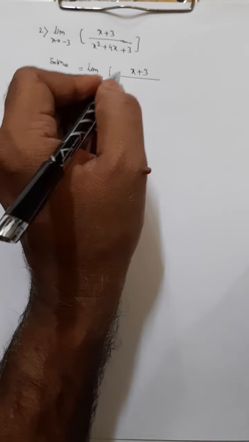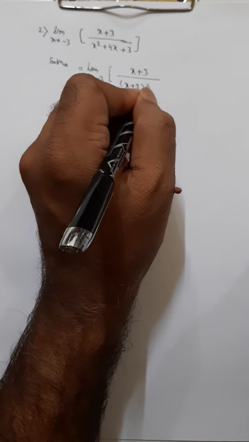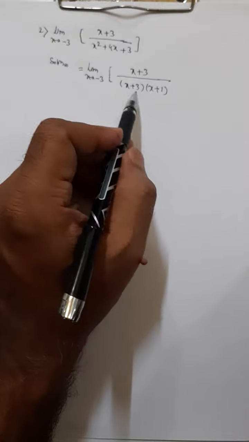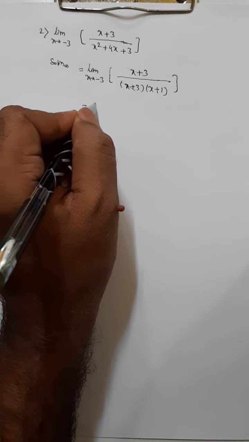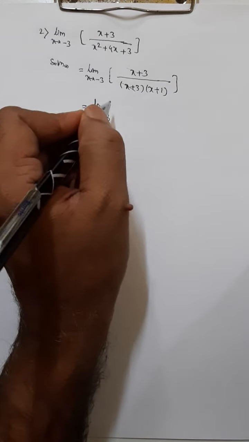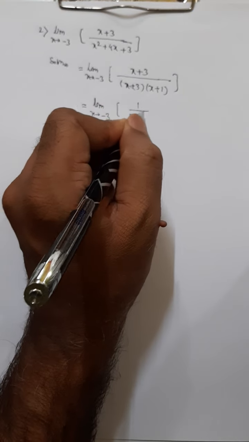We factorize denominator, factors are x plus 3 into x plus 1, right? 3 plus 1 is 4, 3 into 1 is 3. We get common factor x plus 3 here, that is cancelled, and we get limit as x tends to minus 3, numerator 1, denominator x plus 1.